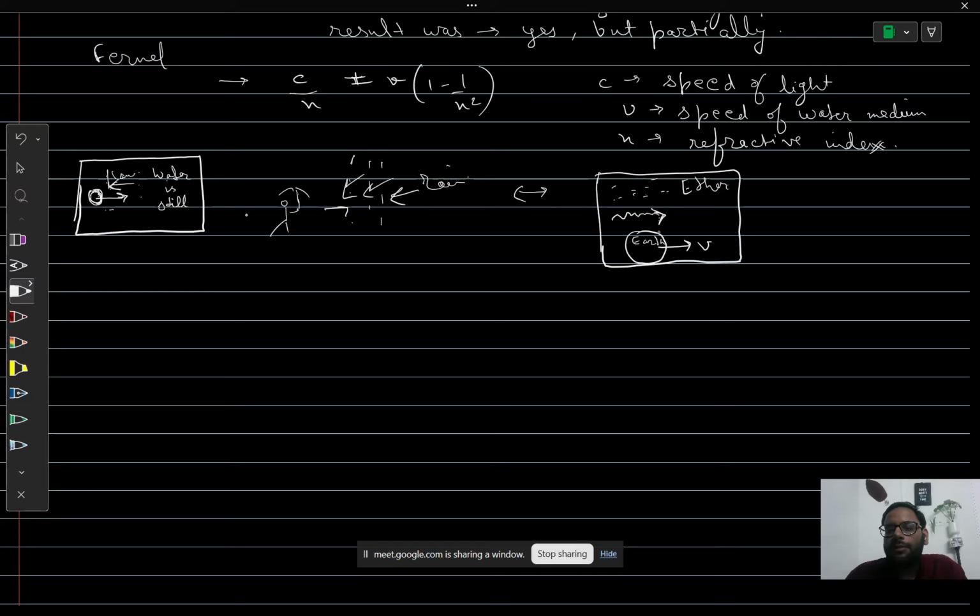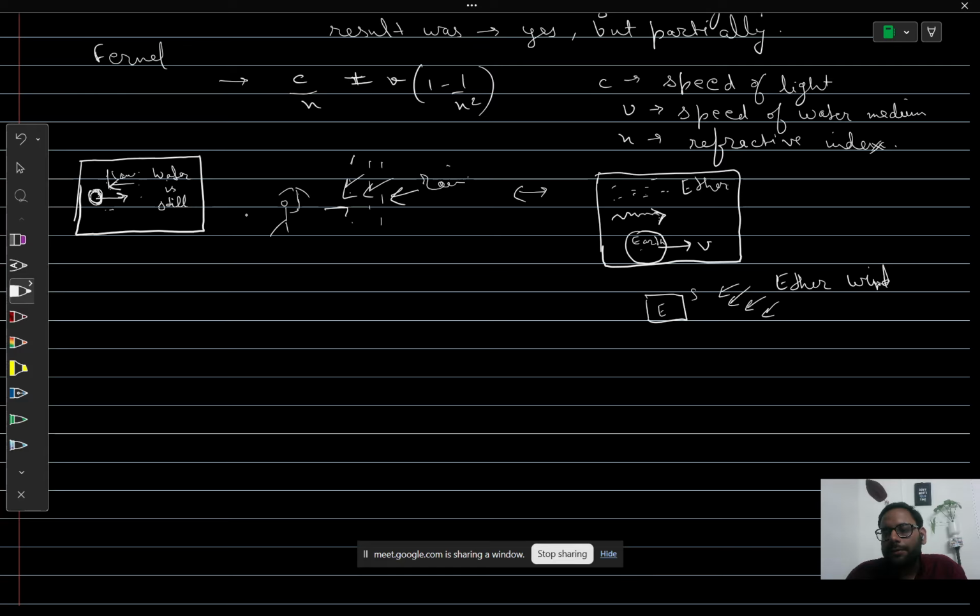When you consider the Earth as your stationary frame, you will equivalently say that the ether is coming towards you, and call it ether wind.